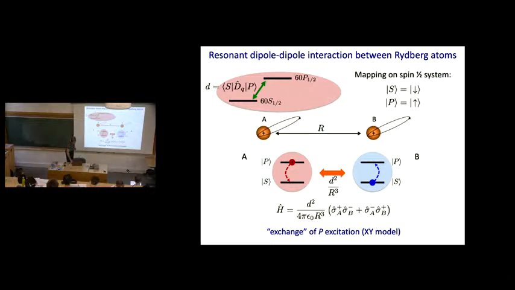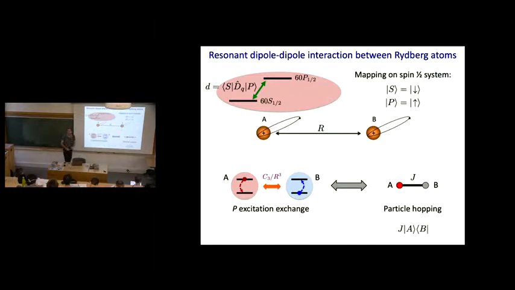But this flip-flop type of interaction, I can look at it through a different eye. I can say, well, now I'm going to call a particle a p excitation, and I do single particle physics. I have two interacting atoms, which amounts to doing single particle physics on the spin excitation. I can say this spin excitation is nothing but a particle which hops from one site to another with an amplitude J, which is given by d squared over r cubed.